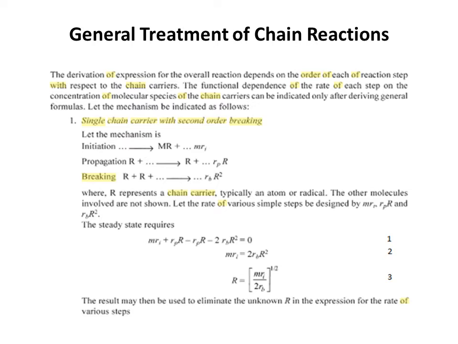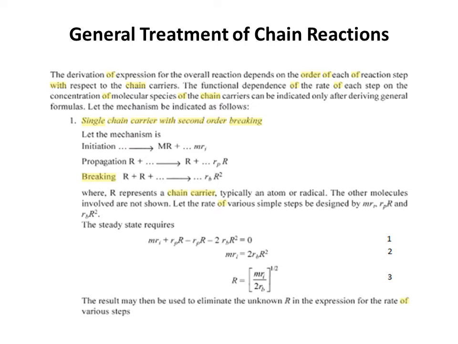Then the equation becomes initiation minus 2 k_B R square equal to 0, or initiation is equal to 2 k_B R square. This is equation number 2. From this we can calculate the value of R, that is R is equal to the initiation rate over 2 k_B, whole under root. This is equation number 3.